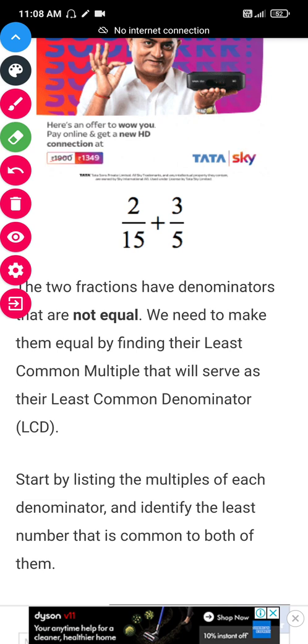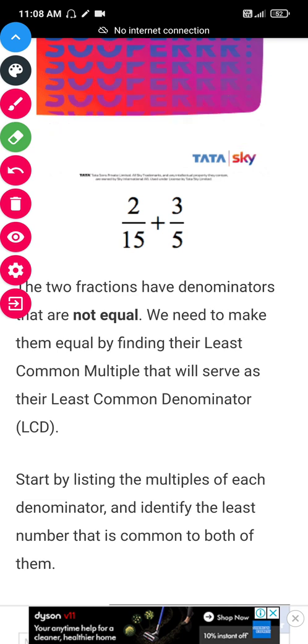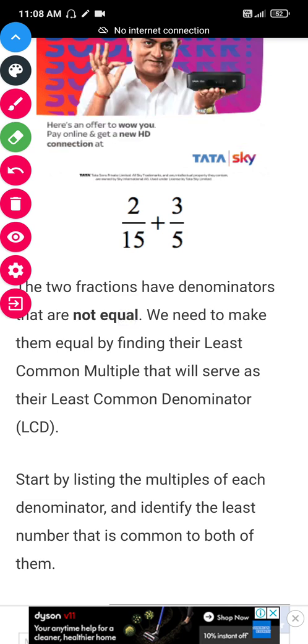Here you must check whether the denominators are the same or not. Here the denominator is 15, here the denominator is 5. The two fractions have denominators that are not equal. So we need to make them equal by finding their least common multiple.